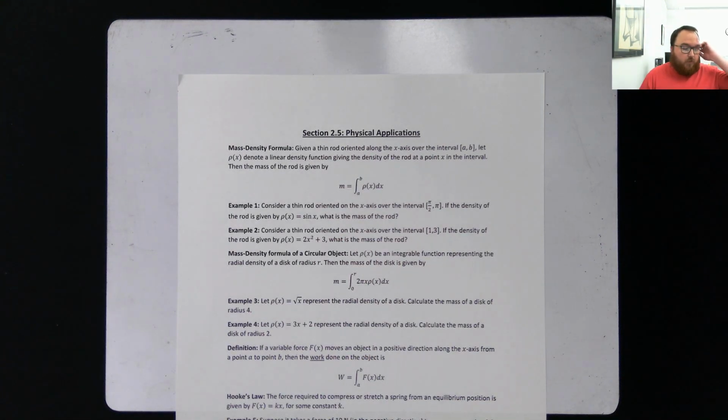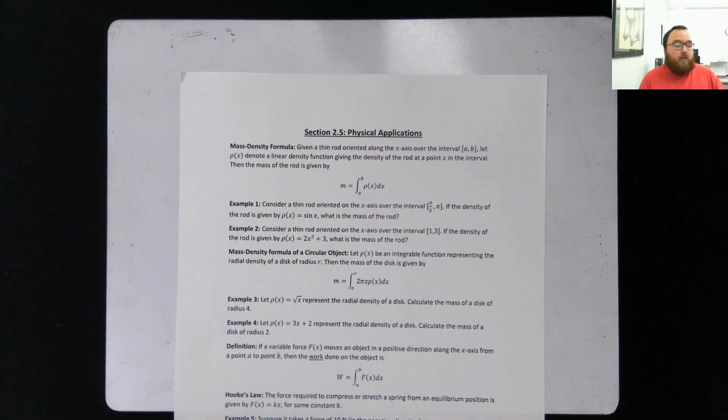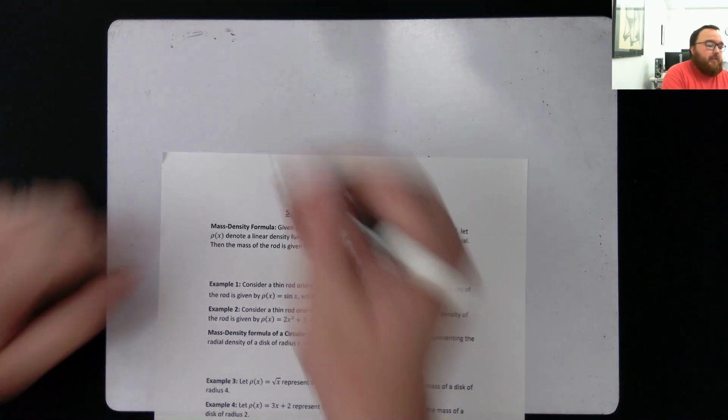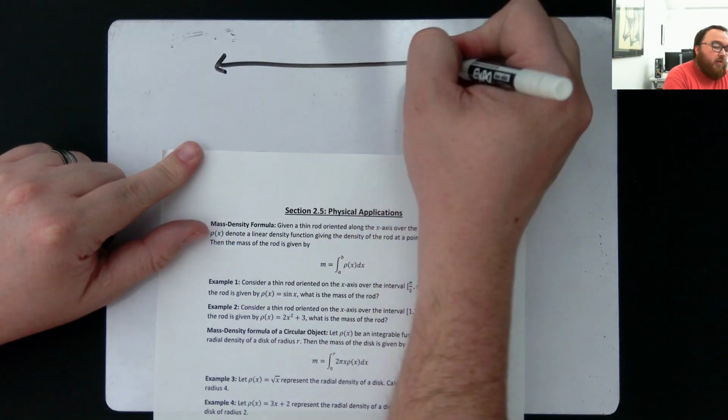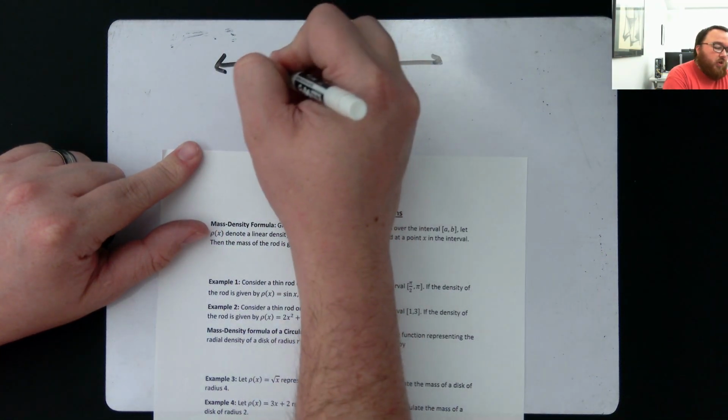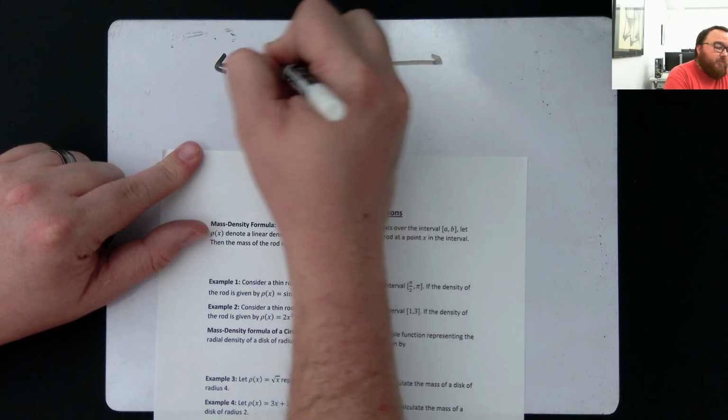So, this first part right here, given a thin rod along the x. What this means is it's just a horizontal rod. That's what it means.